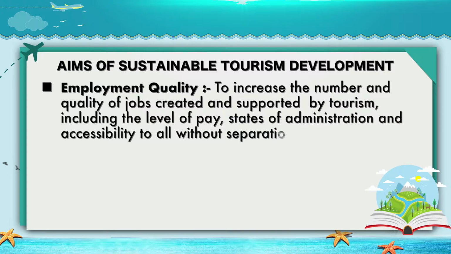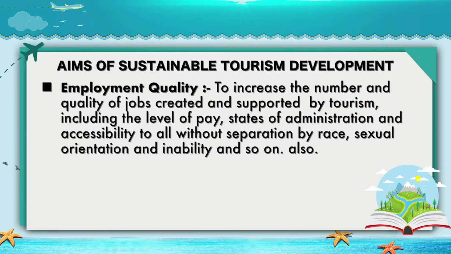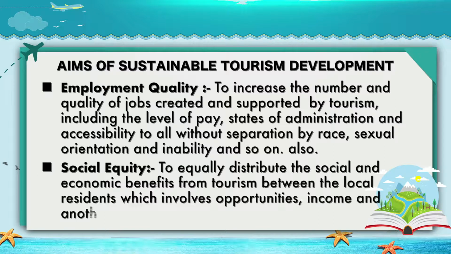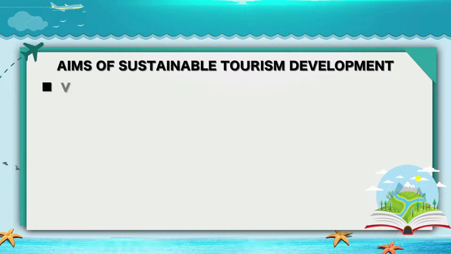Employment quality: to increase the number and quality of jobs created and supported by tourism, including the level of pay, state of administration and accessibility to all without separation by race, sexual orientation and inability and so on. Social equity: to equally distribute the social and economic benefits from tourism among the local residents, which involves opportunities, income and other services accessible to all.